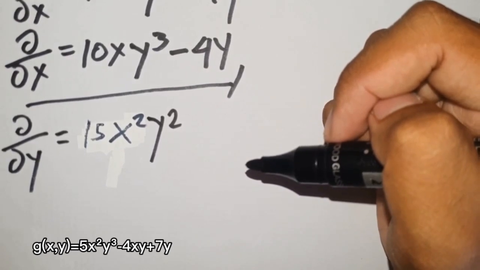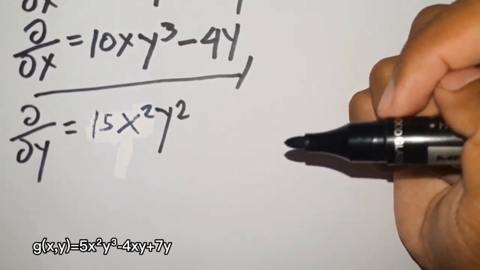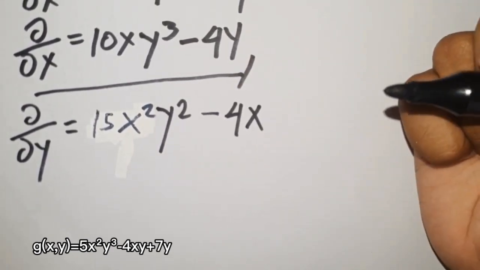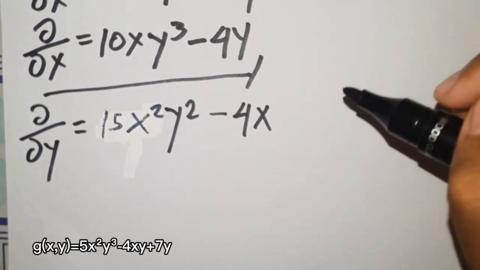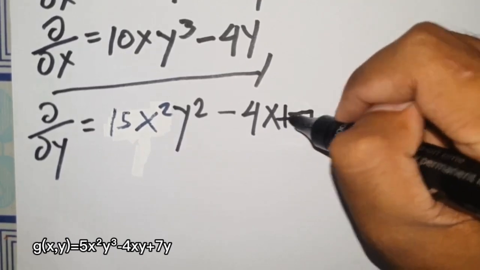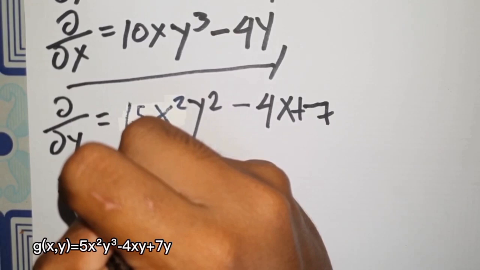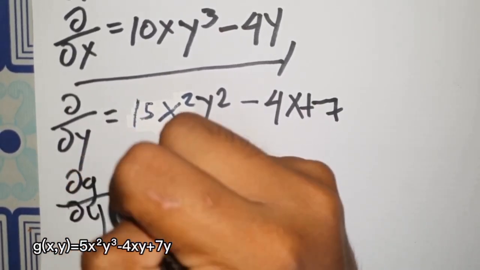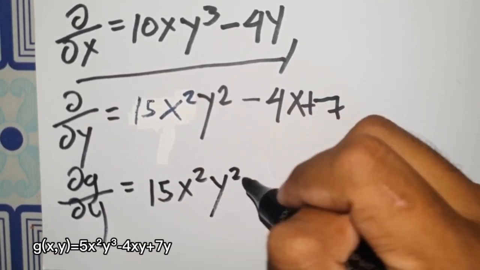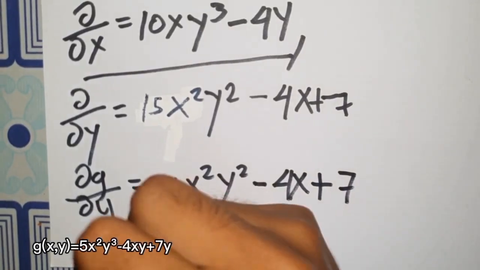Here, negative 4x is treated as a constant, so the derivative of y with respect to y is 1, giving negative 4x. And the derivative of 7y with respect to y is 7. So the final answer is 15x squared y squared minus 4x plus 7. This is the final answer.